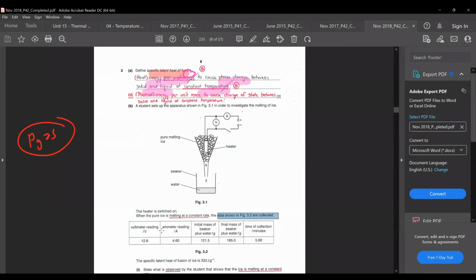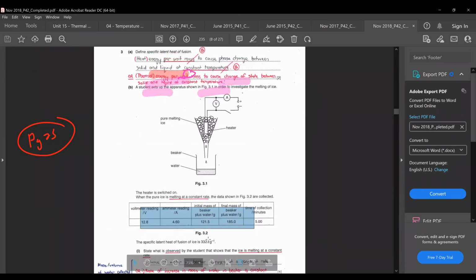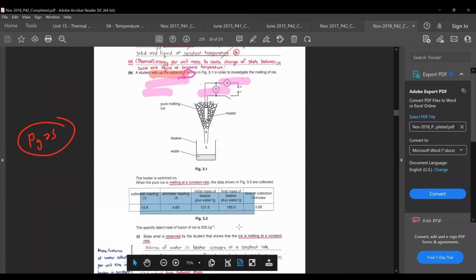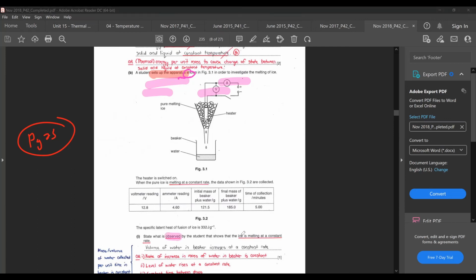Then they tell you the specific latent heat of fusion of ice is 332 joules per gram. State what is observed by the student that shows that ice is melting at a constant rate. So in your current case, they want you to explain what the student should observe when ice is melting at a constant rate.